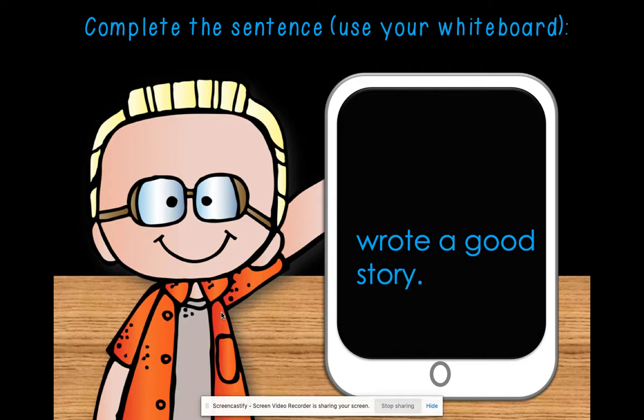My best friend wrote a good story. My third graders wrote a good story. We wrote a good story? We could also be the subject. I could be a subject. He could be a subject. She could.